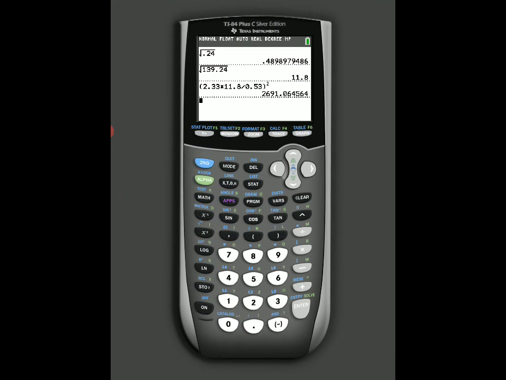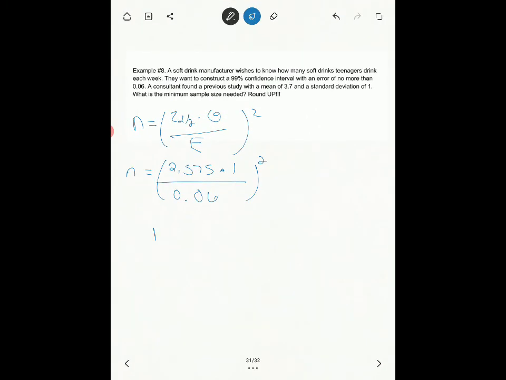So in our calculator, we have open parentheses, because we have to square the whole thing, we need to put it in parentheses. 2.575 times 1, and it's not necessary that you put the multiplication times 1 in this case, divided by 0.06, close parentheses squared. So we get 1,841.8, it's 1,842. So n is equal to 1,842.